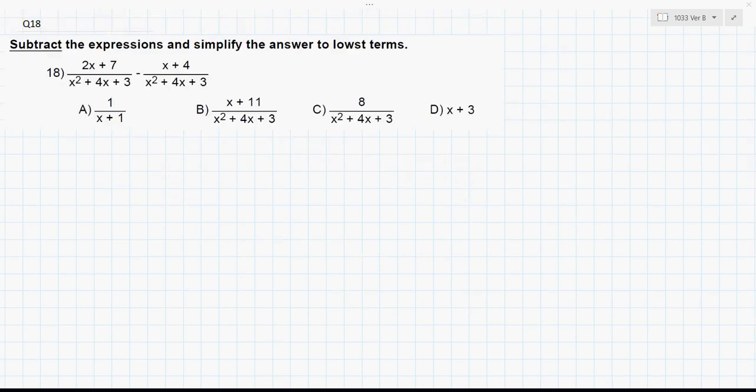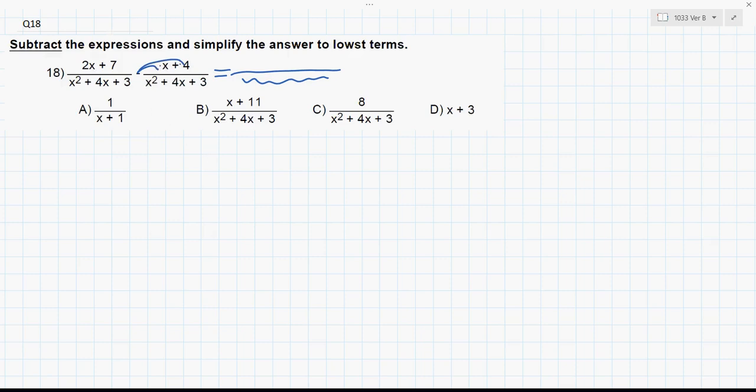Okay, for question 18, we're going to subtract the expressions and simplify the answer in lowest terms. The cool thing is they both have the common denominator already, so we don't have to worry about that. The bottom part is going to stay the same. For the top part, the negative sign is distributed to both of these numbers, so it'll be a negative x and a negative 4.